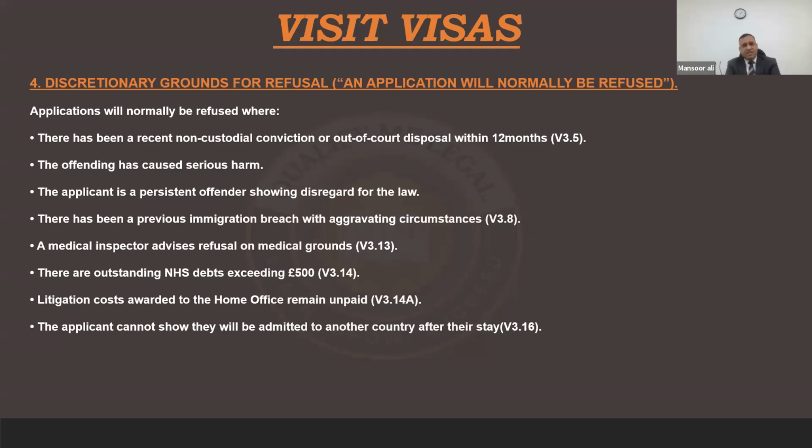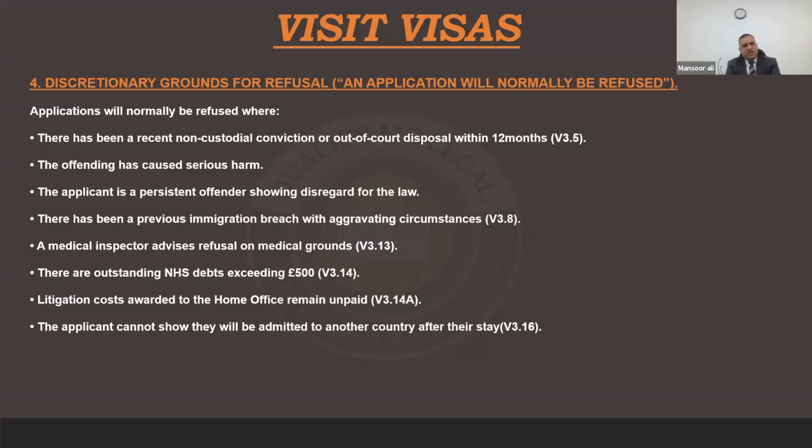And if he has not paid, obviously the debt would pile up if it's more than £500. And this is again at the discretion of the Home Office to refuse the application, because you have to satisfy the Home Office why you did not pay the debt. So these are discretionary grounds of refusal.